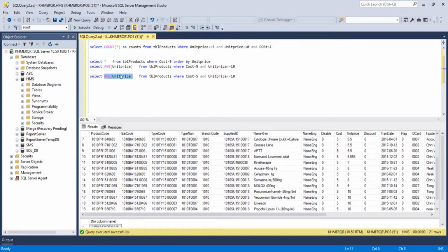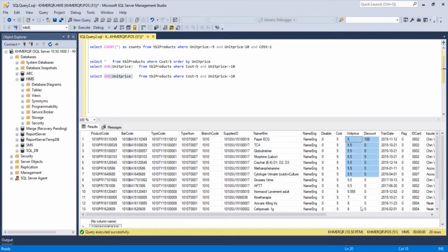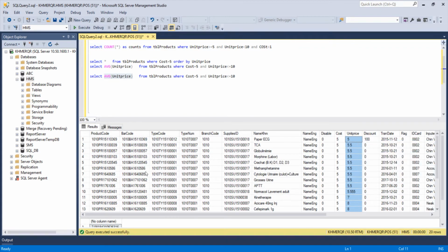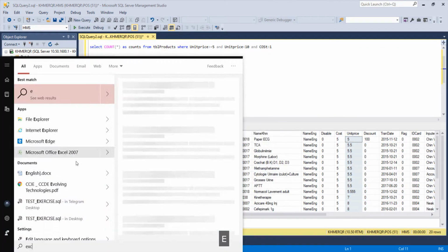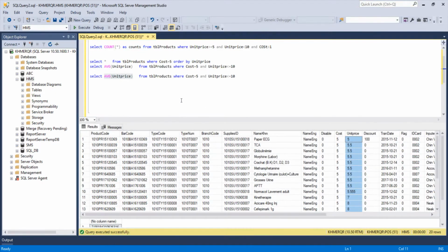We sum out this and we sum out this, like copying here into Excel and then summing it. We get 149.55.